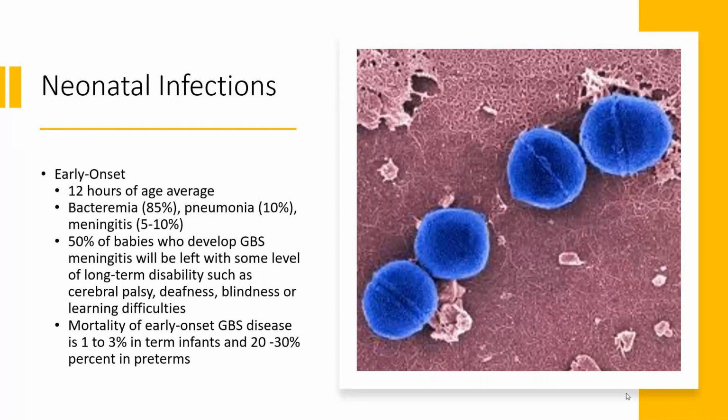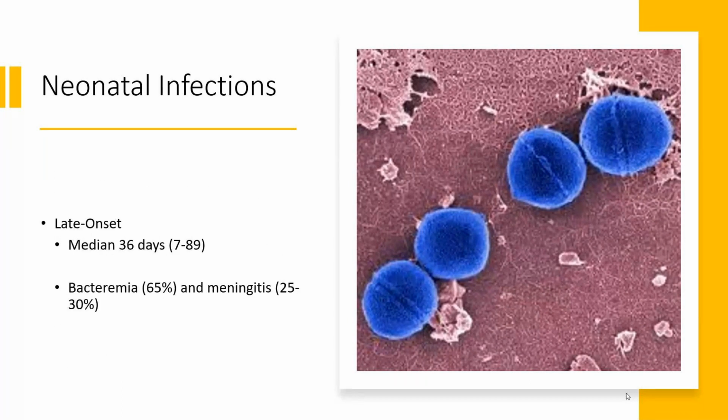As for the late onset, usually it develops within 36 days. Then we usually see bacteremia and meningitis. Obviously, as we can see, these are not as severe as the early onset.